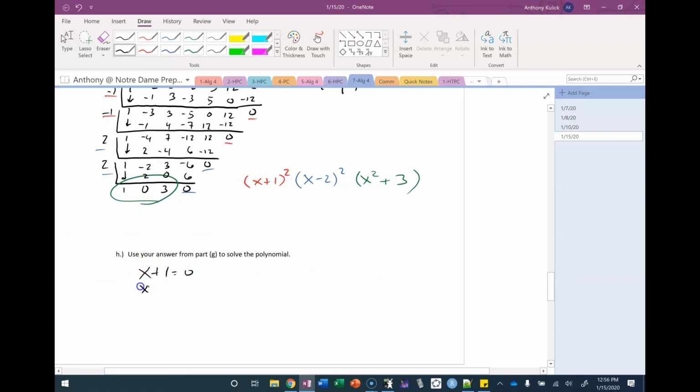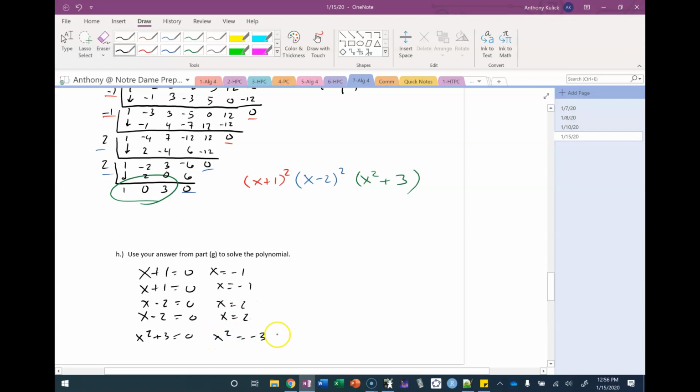Now I'm just going to take each factor and set it equal to 0 and solve. So I get -1 for the first 2, positive 2 for the second 2.